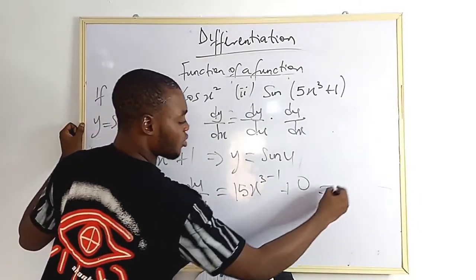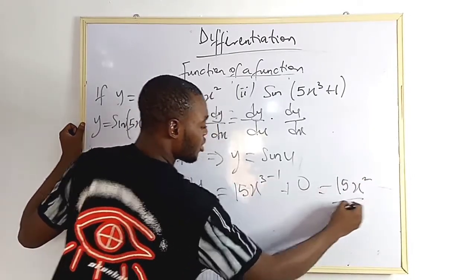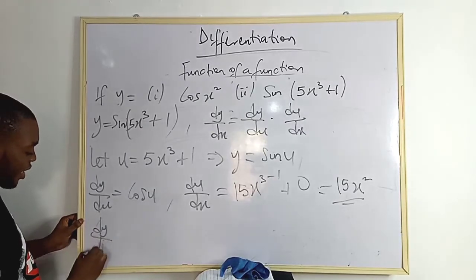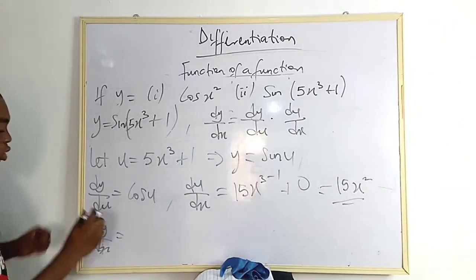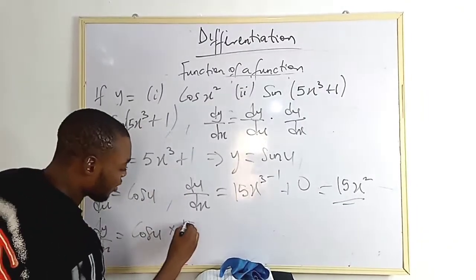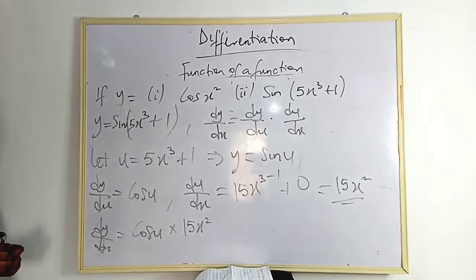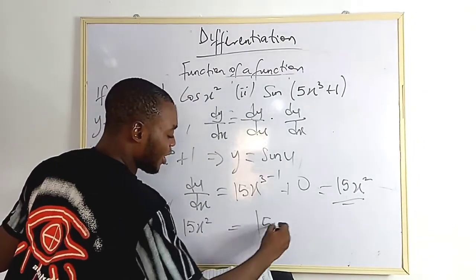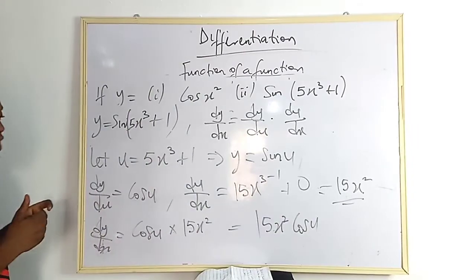So that equals 15x squared, meaning du/dx equals 15x squared. Now we multiply dy/du times du/dx, which equals cos u times 15x squared, which should be equal to 15x squared cos u.